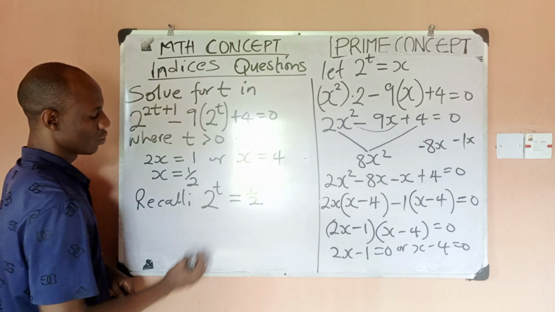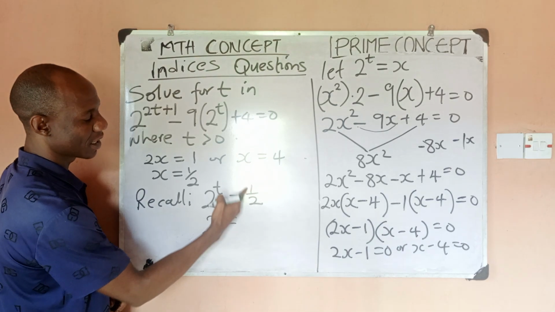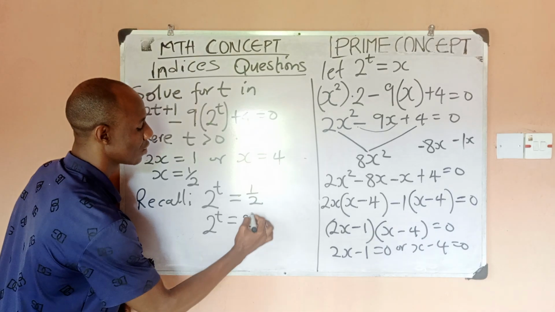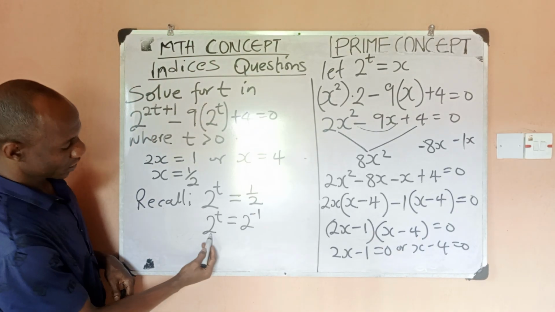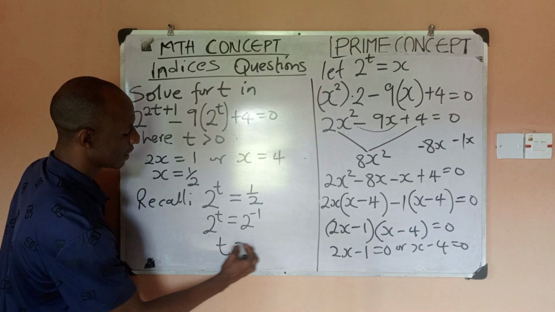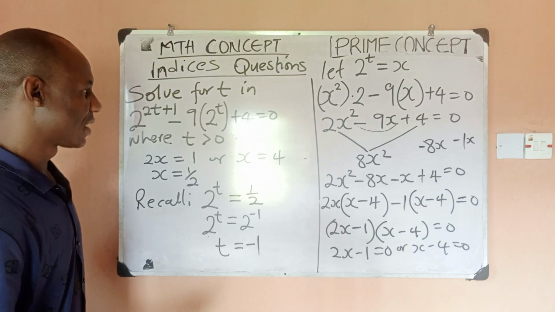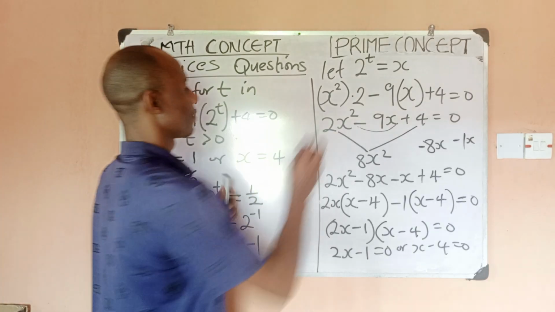Now I have that 2 raised to power t is equal to 1 over 2, now this is negative index. 1 over 2 can be written as 2 to power minus 1. So since I have common bases, then I would say that t is equal to what now? Negative 1. Now what is the second value of t I can find?